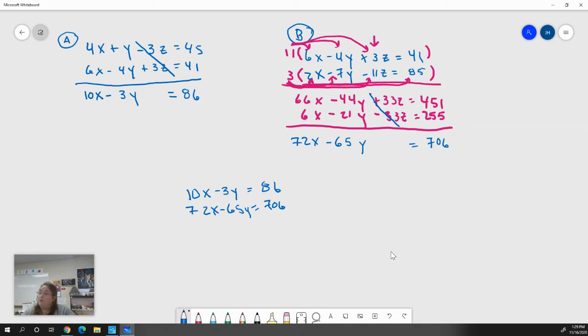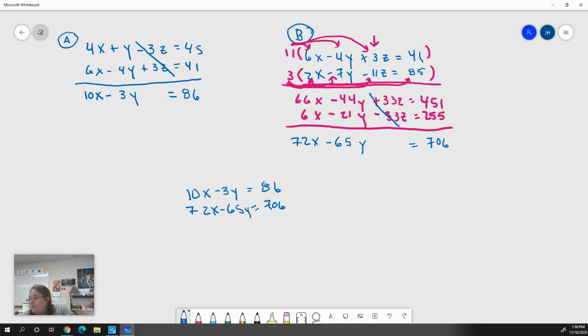So now we're going to follow that same pattern, right? We're going to look at these problems and go, well, what can I multiply these things by that will cause one of the variables to disappear? I think the best thing I can do is look at 72.